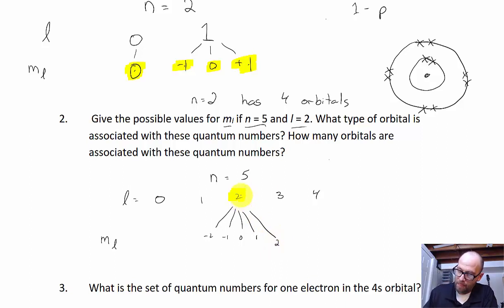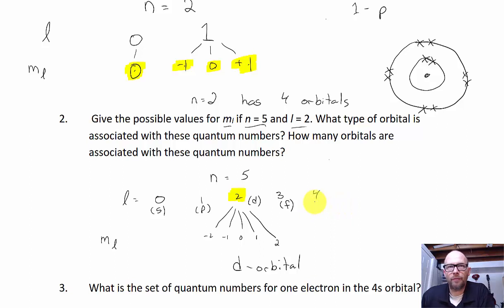In terms of what type of orbital is associated with this, this is a d orbital. In terms of our letters, 0 is an s, 1 is a p, 2 is a d, 3 is an f. We don't even have to worry about 4. It exists, but we don't use it.